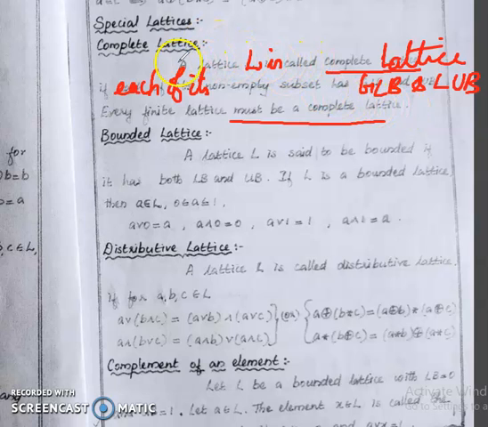So what is a complete lattice? A lattice L is called a complete lattice if each of its non-empty subsets has a greatest lower bound and a least upper bound. We have learned what the greatest lower bound and least upper bound are in the first video of this section, so you can learn from that.